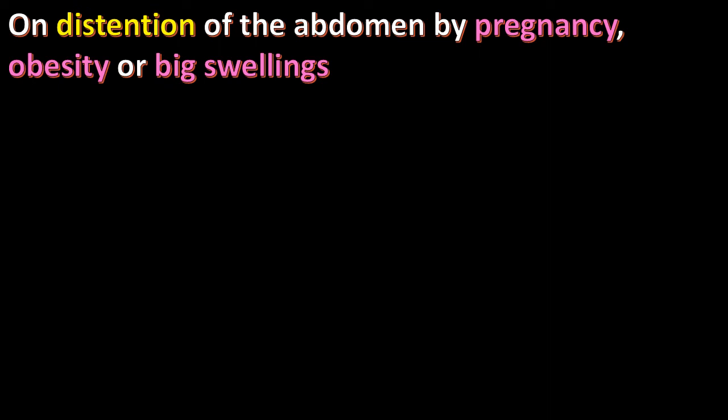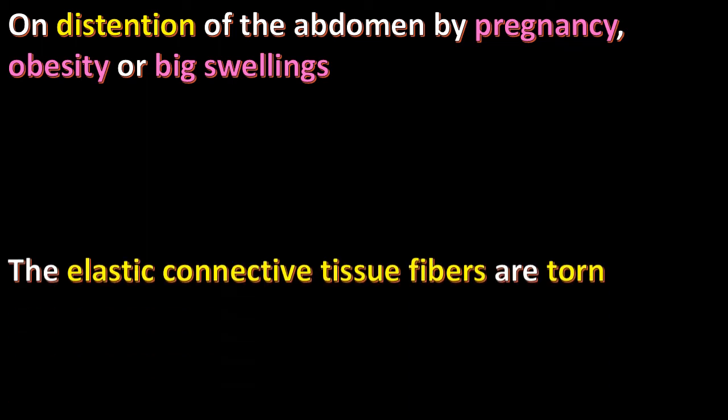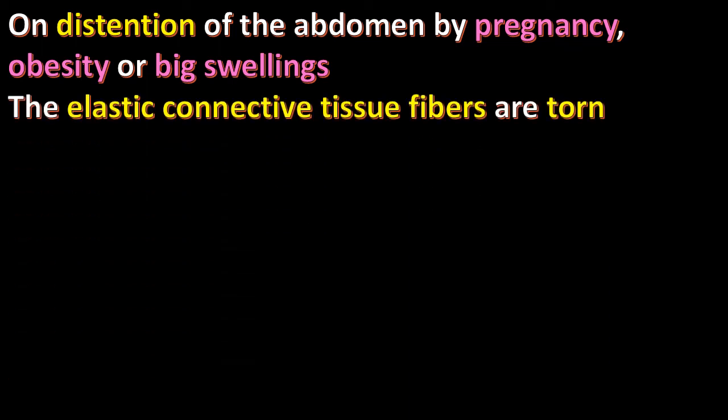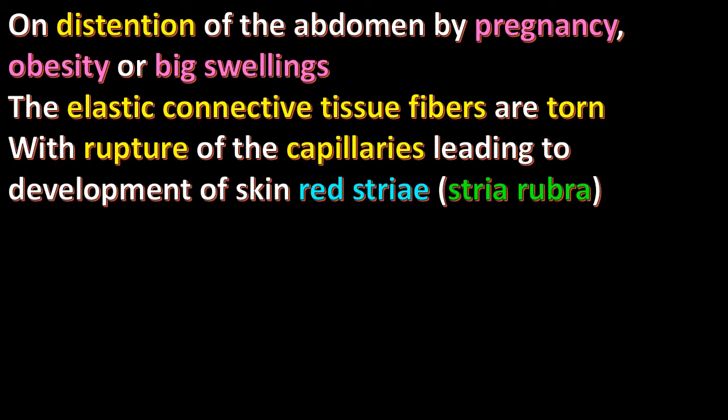Abdominal skin striae. On distension of the abdomen by pregnancy, obesity, or big swellings, any cause of increased intra-abdominal pressure, the elastic connective tissue fibers are torn, with rupture of the capillaries leading to development of skin red striae called stria rubra.